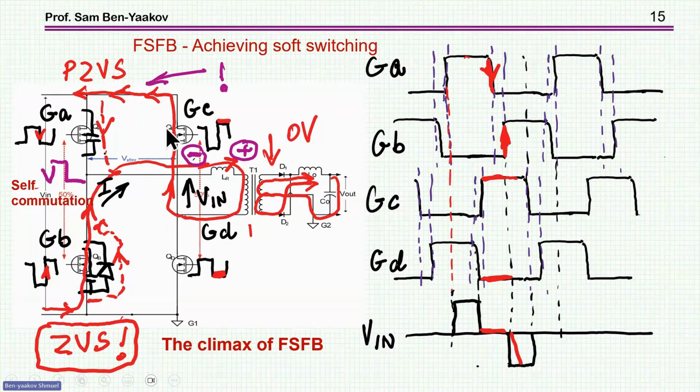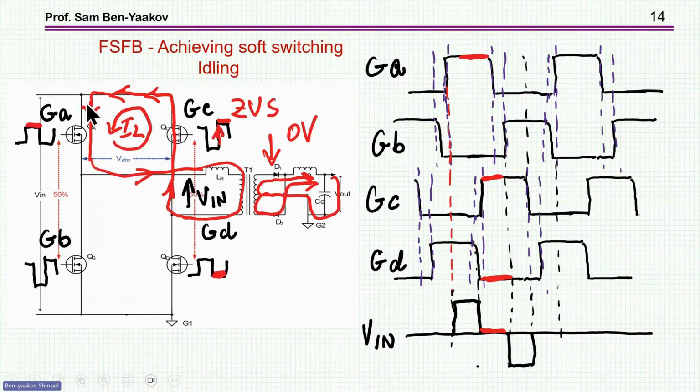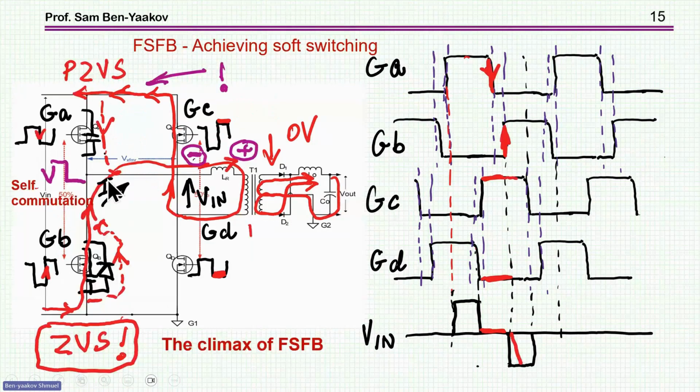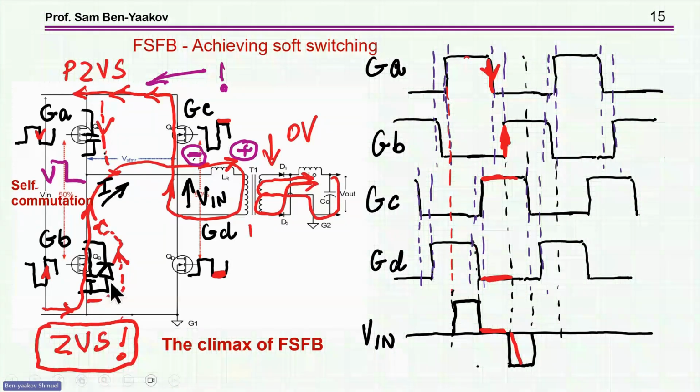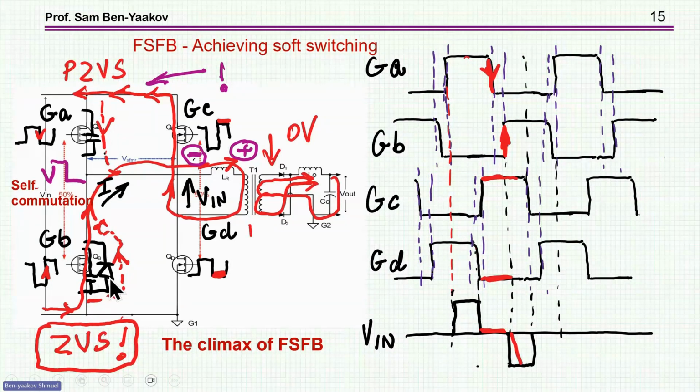It was like this, and now I'm turning this on, so the current is going this direction. So therefore, the diode now is conducting eventually, and I can turn on this transistor under zero voltage switching. So I've eliminated the hard switching that I've shown earlier because I've reversed the current.